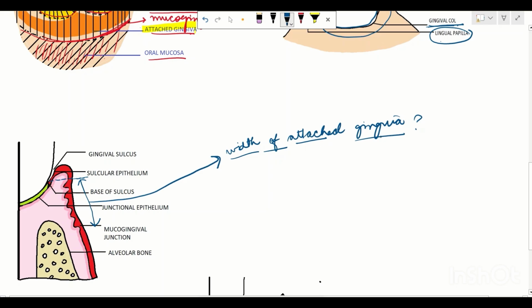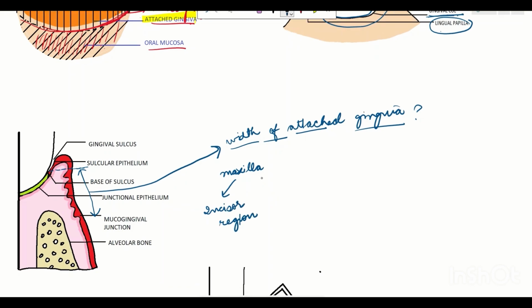So this width of attached gingiva varies according to the region. That means, with respect to the maxilla, it will be greatest in the incisor region, and it is the least in the premolar region. The same goes for the mandible.